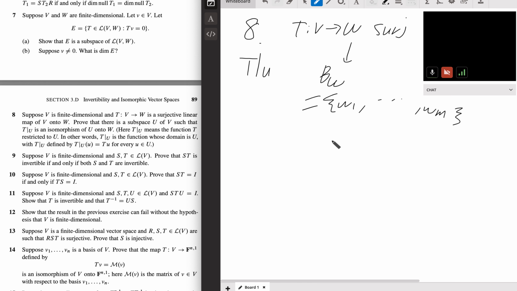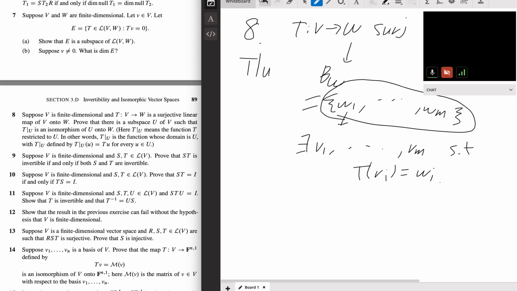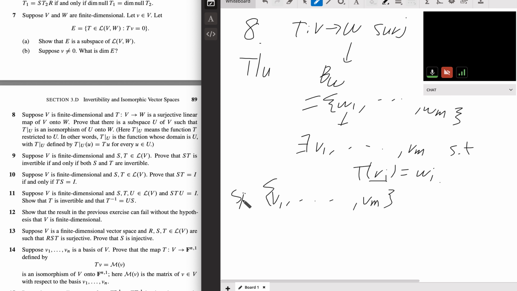And then of course there exist V1 through Vm such that T of Vi is equal to Wi, because W is entirely inside the range of T, since T is surjective, so this must be possible. Once you establish that, put the span of these as your new subspace, and then you're done. There's nothing else to do.